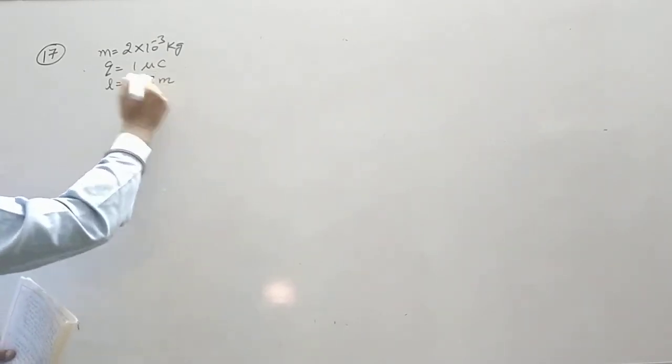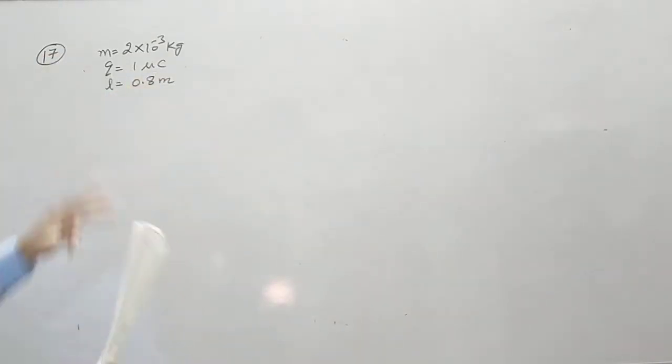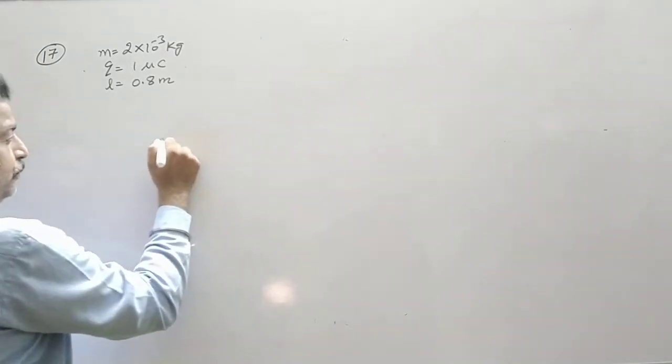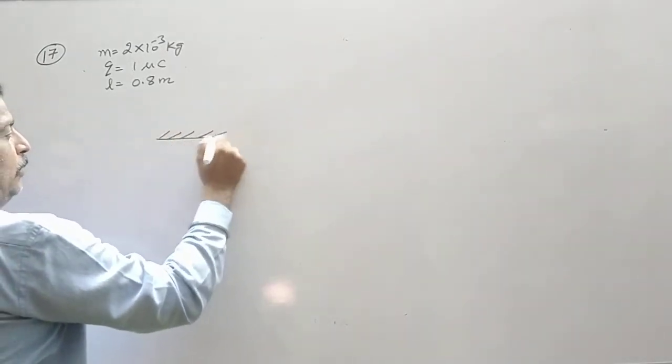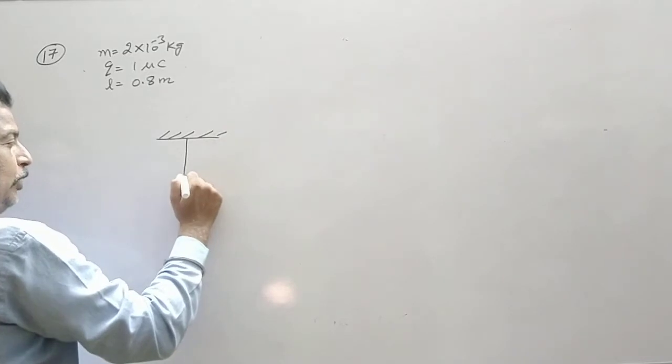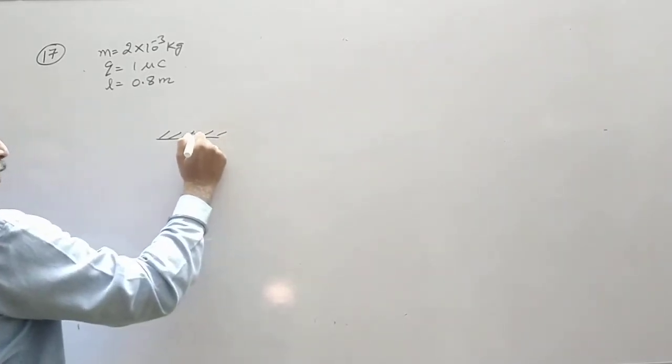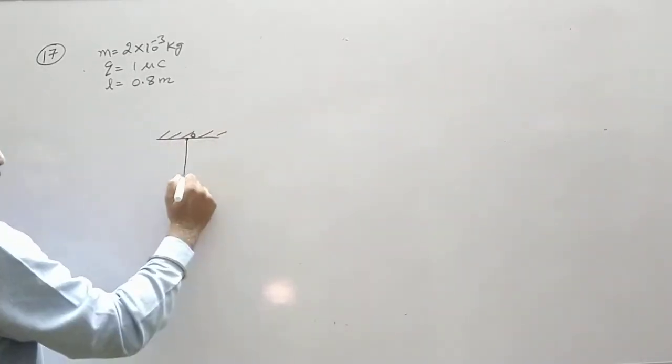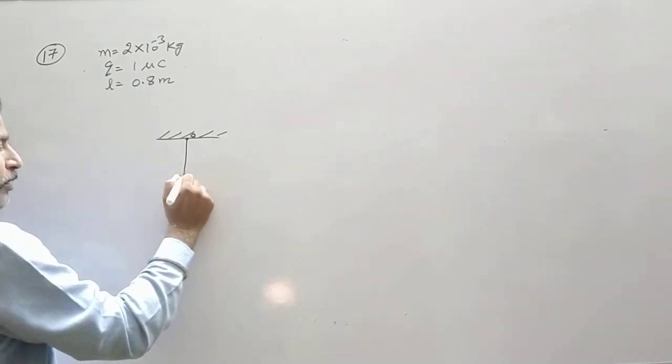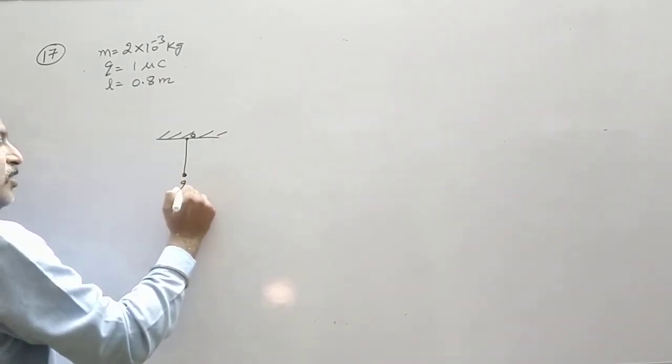So we have this ball having mass M and charge Q suspended from, let us say, this point of suspension, and this is the ball of mass M having charge Q.